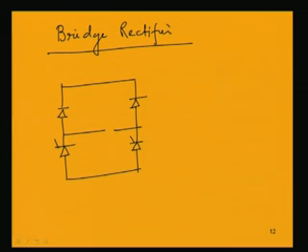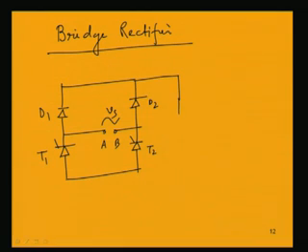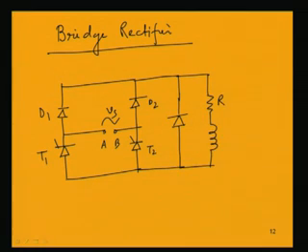So, here this is say D1, this is say T1, this is D2, T2, and the supply is given between A and B, which is a sinusoidal supply Vs. And apart from these diode thyristor pairs, we will be having a single diode connected in this way across this load R and L. So, this is a single phase bridge rectifier circuit.